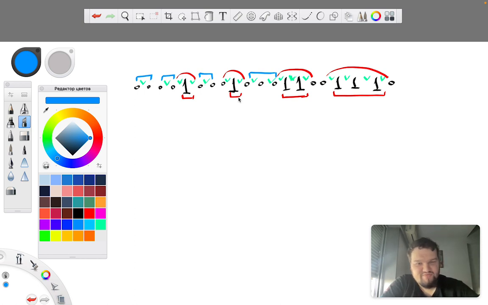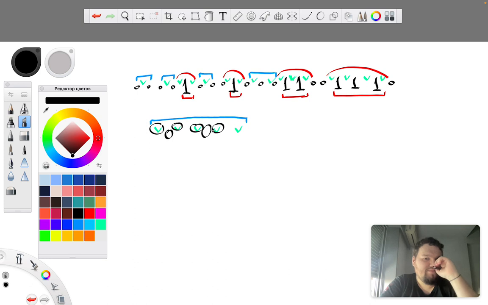pairs by changing one element. So if we have a long segment that is one segment, then we can make this element 0, and that removes these two. Then in the next operation we make this element 0, this removes this two, and so on, until we are left with just one element that we can remove with one operation.